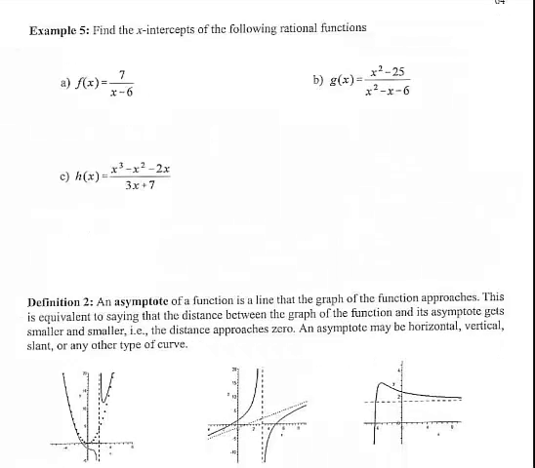There we go. Example 5. This is a good example because you run into a weird situation. I just said take the numerator, the polynomial on top, and set it equal to 0. Well, if you do that with little f of x, you take the numerator 7 and set it equal to 0, and this is not true.